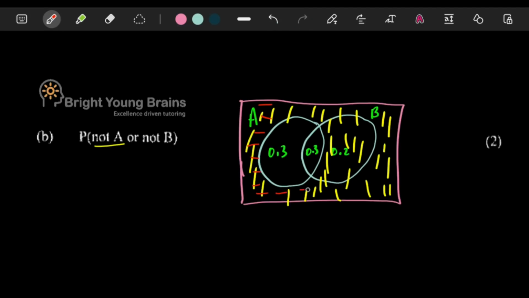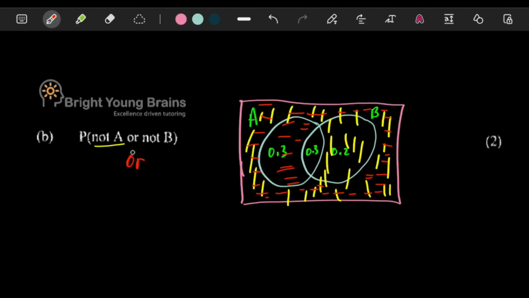Everything that is like not B, this is everything that is like not B. You see, everything that's in red here, that's everything that is not B. So where it says not A or not B, you basically need to take into account, oh, wait a minute, where it says not A, we colored everything that is in yellow. Where it says not B, we colored everything that is in red.